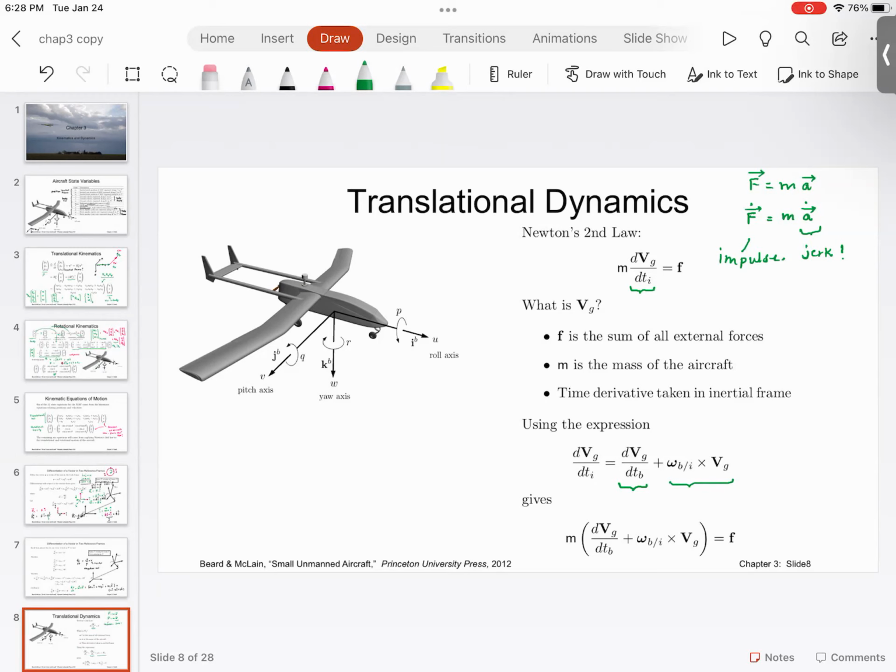Everyone understood this? So this is exactly the same as if you have P is equal to P I, and I want to take the derivative.